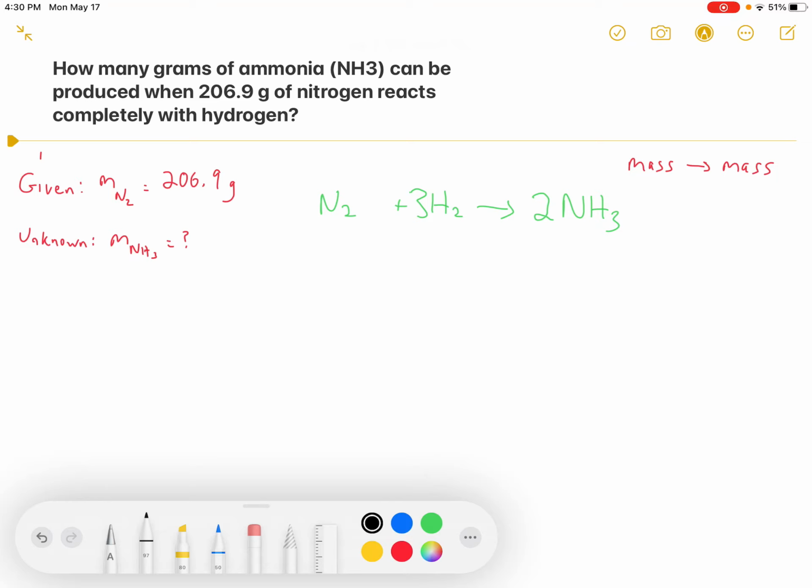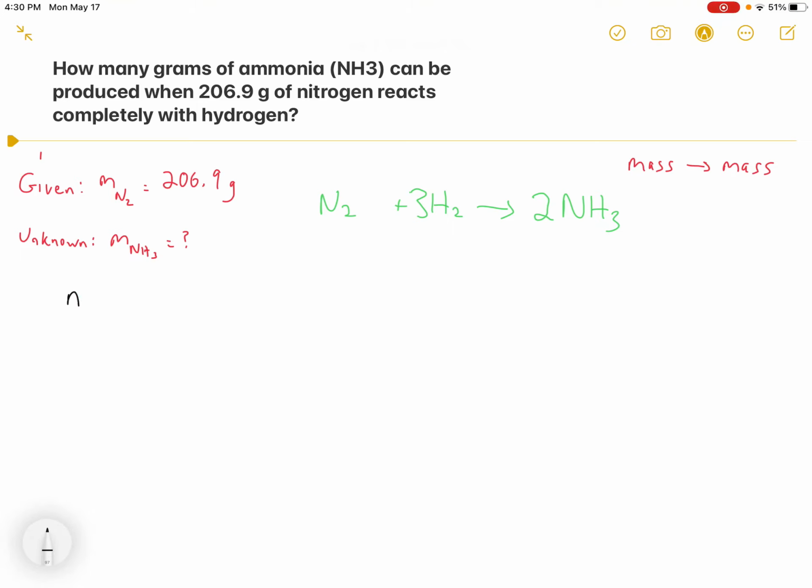Since we're given a mass, we're first going to need to determine the moles of something that we know, because we cannot compare masses in stoichiometry. We have to compare moles, because masses tell you absolutely nothing about how many particles are in the reaction. So to determine the moles of nitrogen, we're going to use our n equals mass over molar mass equation.